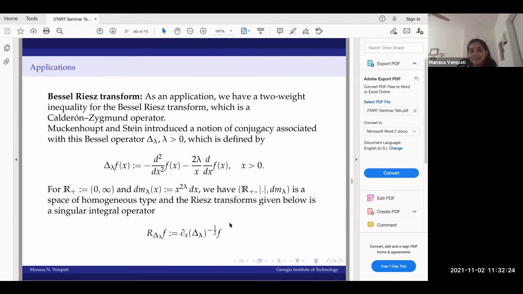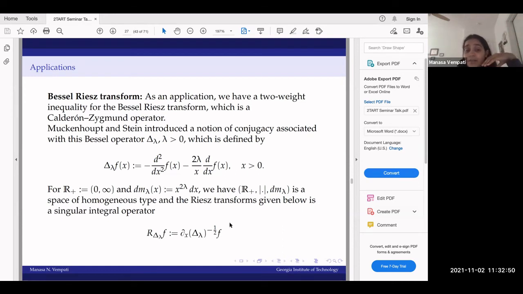Now, since the Riesz transform is a singular integral operator on this space of homogeneous type, this becomes an application for our result, and this is a very interesting application. The reason why I specifically chose this as an application for the talk is because there is a notion of Poisson integral related to the Bessel-Riesz transform, and there have been many papers about the two-weight inequalities of the Poisson integral related to the Bessel-Riesz transform.